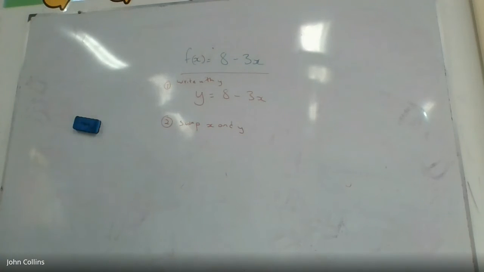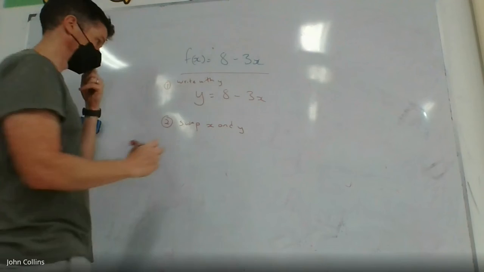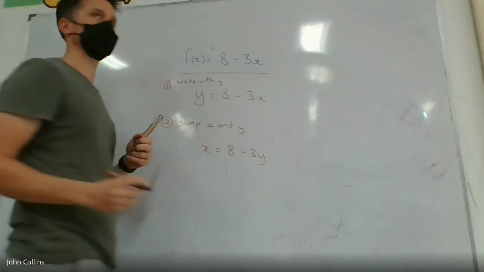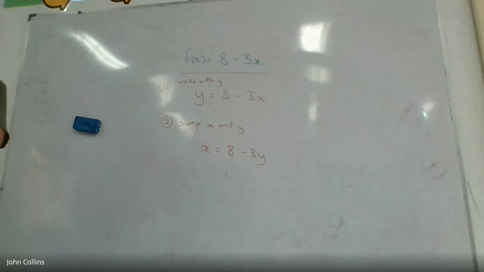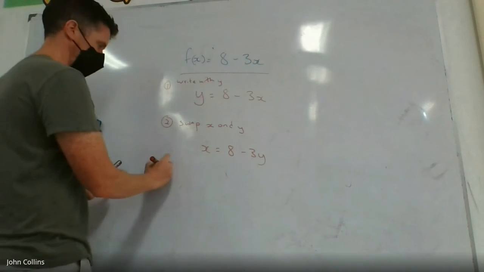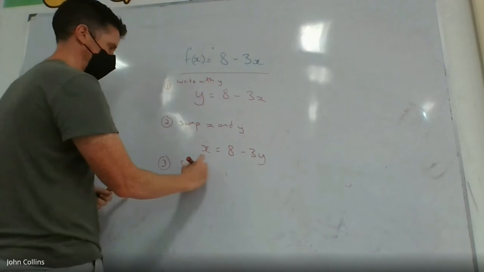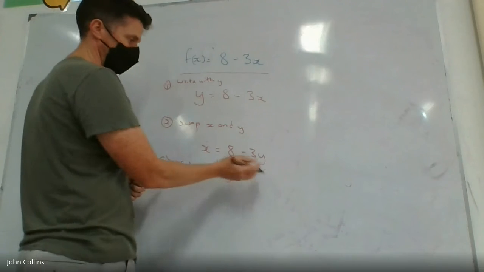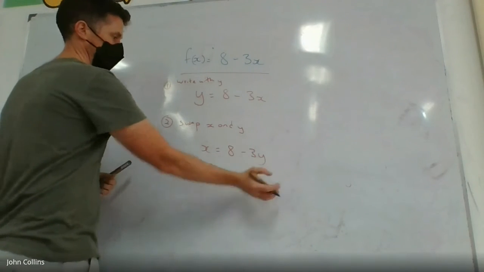Everywhere there's a y, write an x. x equals 8 minus 3y. That's step 2. Step 3, solve for y, or rearrange the equation so y equals again.